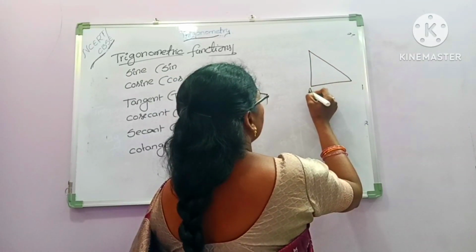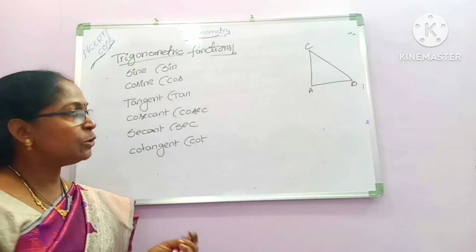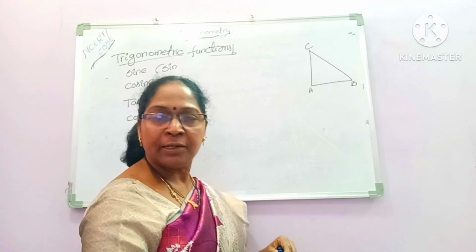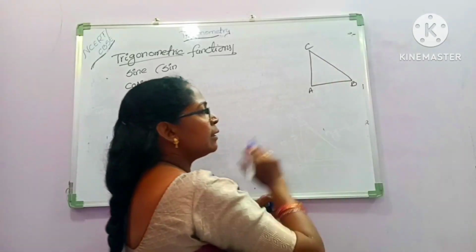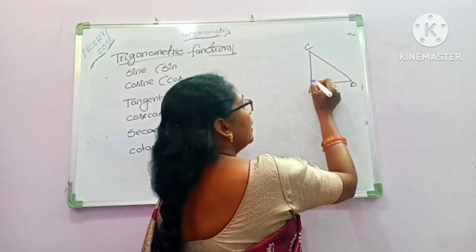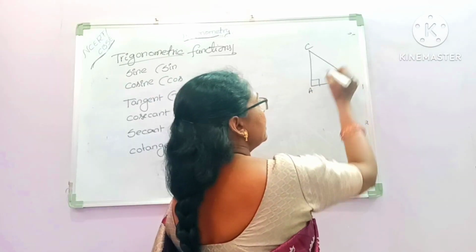The important basic functions are these 3, which are the resultant of trigonometric ratios. Again you have to write a right angle triangle. I already explained the names of the sides, so I am just representing here.